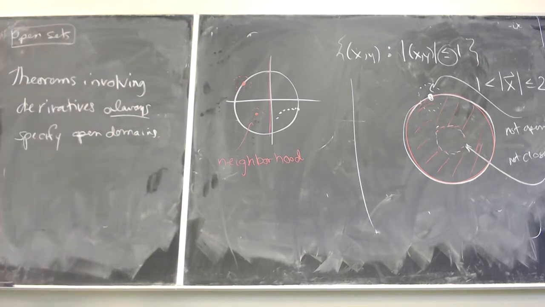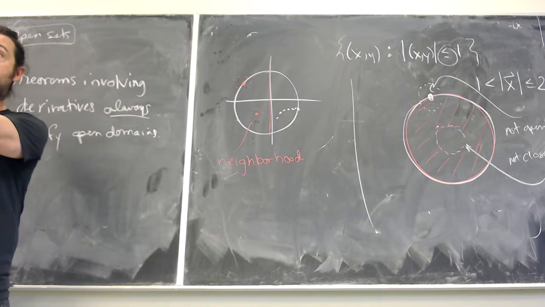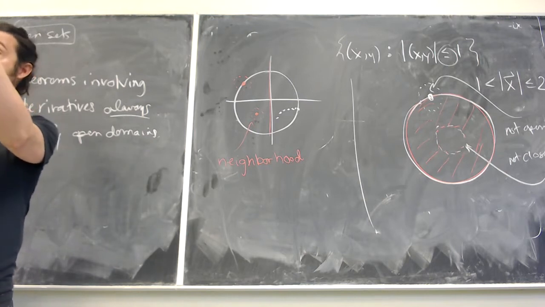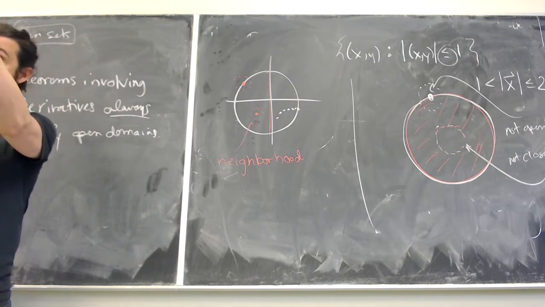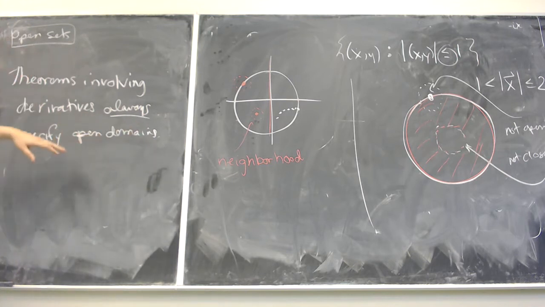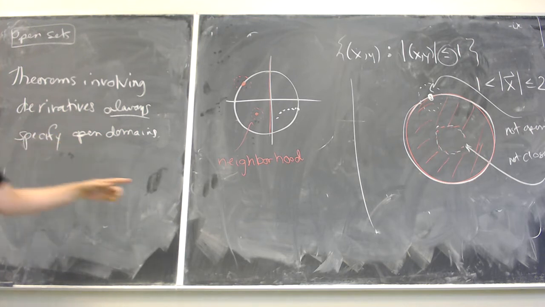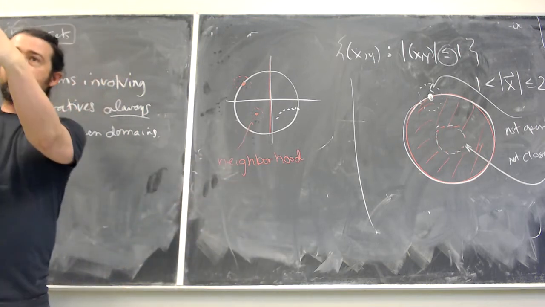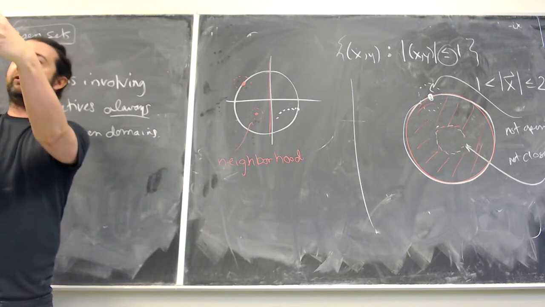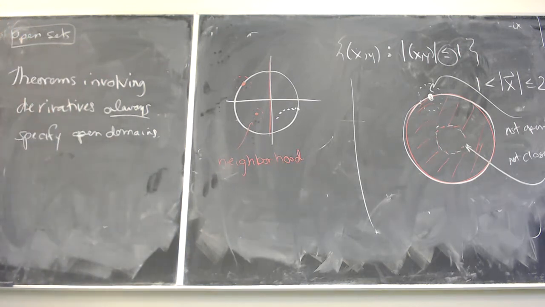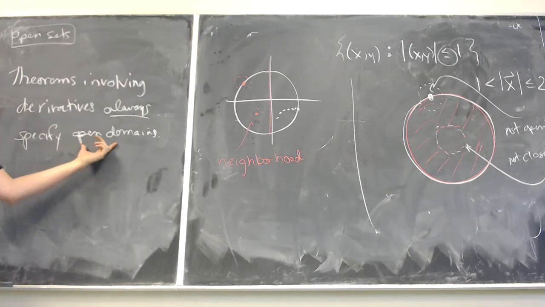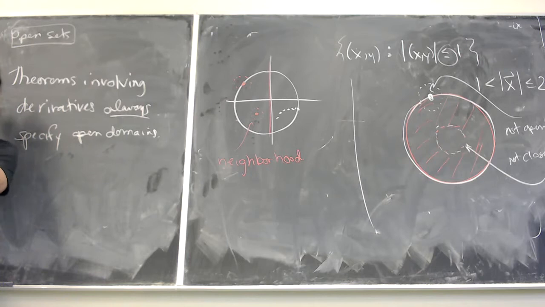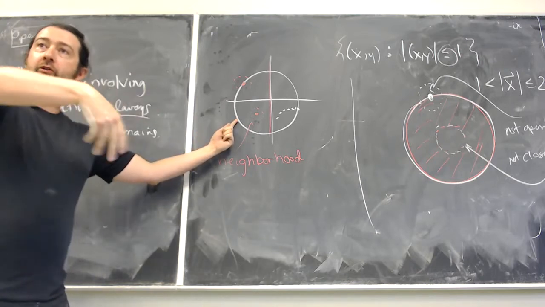The idea with a limit is I can draw a little ball around an input and shrink it, and that makes the output shrink too. If I can't have a whole ball around an input, then these theorems don't make any sense. So when we talk about open domains, what we mean is any point you pick, you can pick a little ball of inputs around it that are all legal to plug in. Another high level way of thinking about it is an open domain is one where points near any domain element are also in the domain. You're not going to suddenly leave the domain out the edge or something.